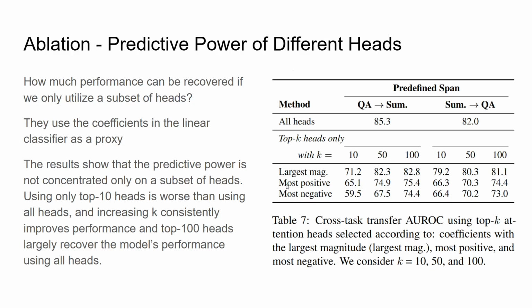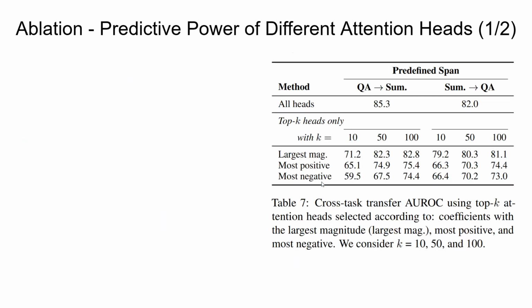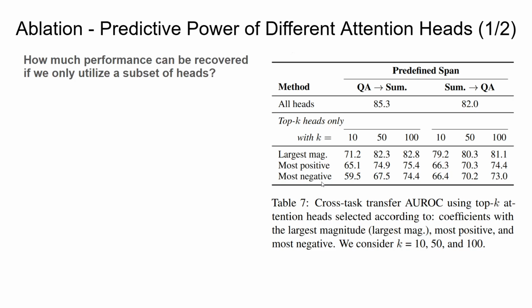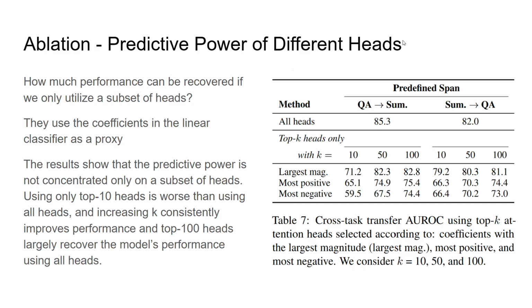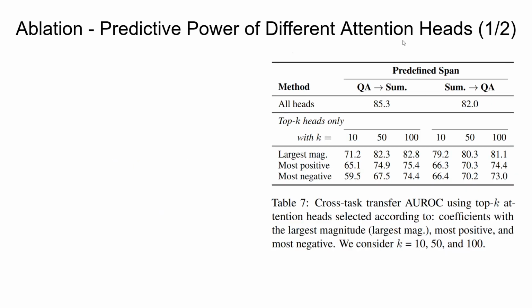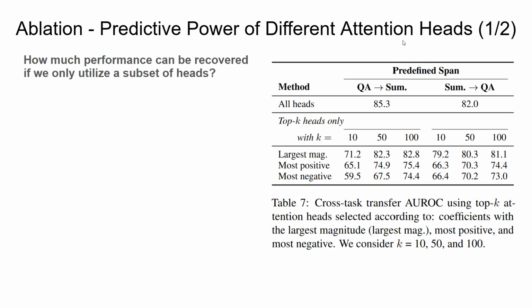They also look at what if you pick the most positively and most negatively correlated heads only. I think I messed up the title, so this should be 1 out of 2, and this should be 2 out of 2. But I hope you get the point. If you look at only the most positive top heads, it performs much worse.